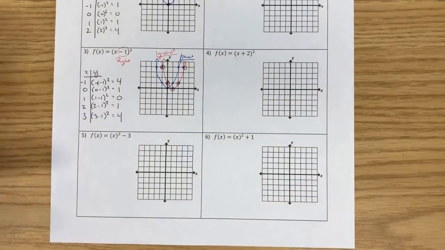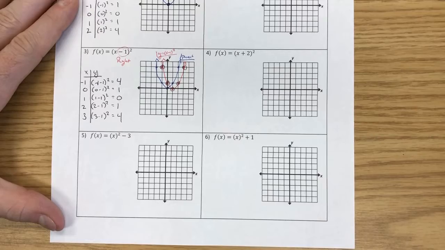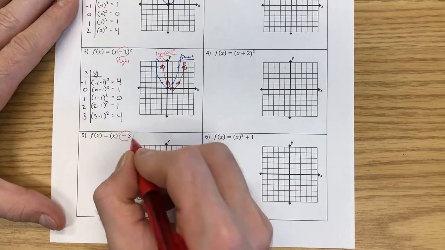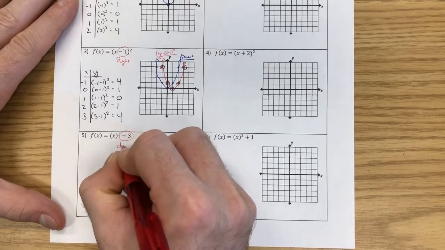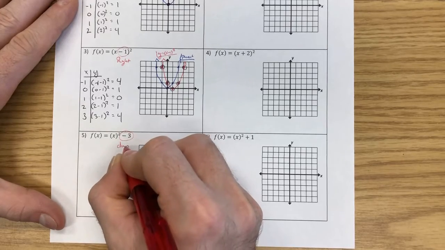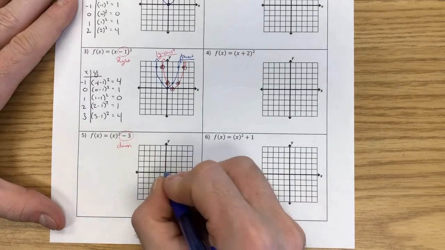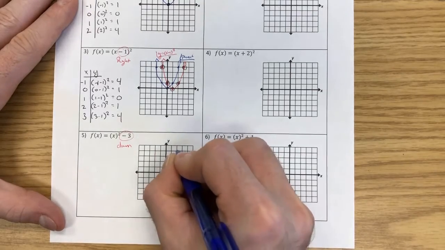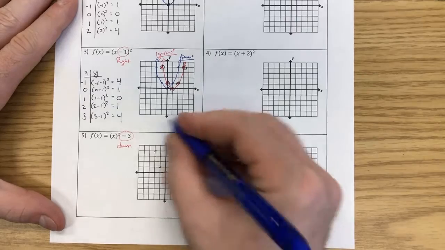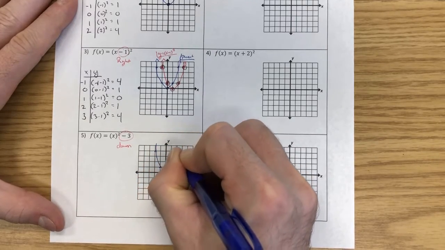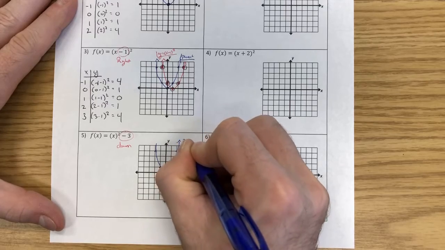So next up, we're going to try some up or down motion. We know this, a minus on the outside, is going to be a downward shift. So I'm going to take my parent function, which existed right here, curve it through. There we go. I have my parent.